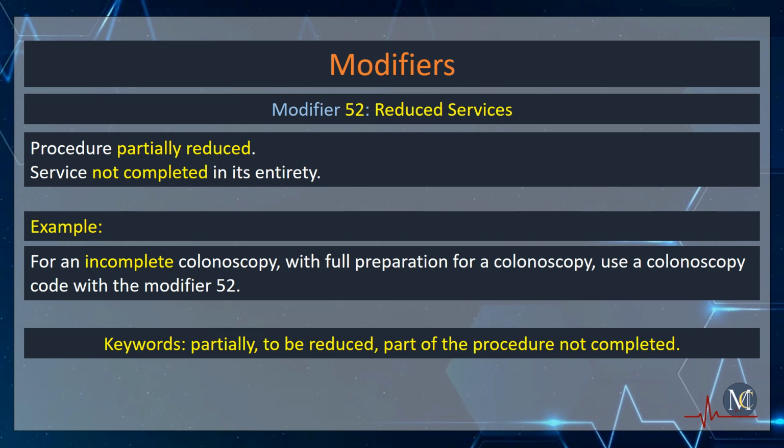An example of modifier 52 is an incomplete colonoscopy with full preparation for a colonoscopy: use a colonoscopy code with the modifier 52. Common keywords used in the procedure for the use of modifier 52 are partially, to be reduced, part of the procedure not completed.